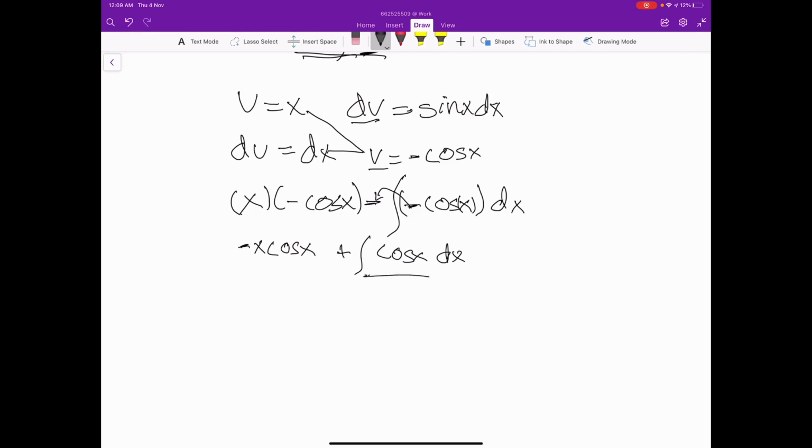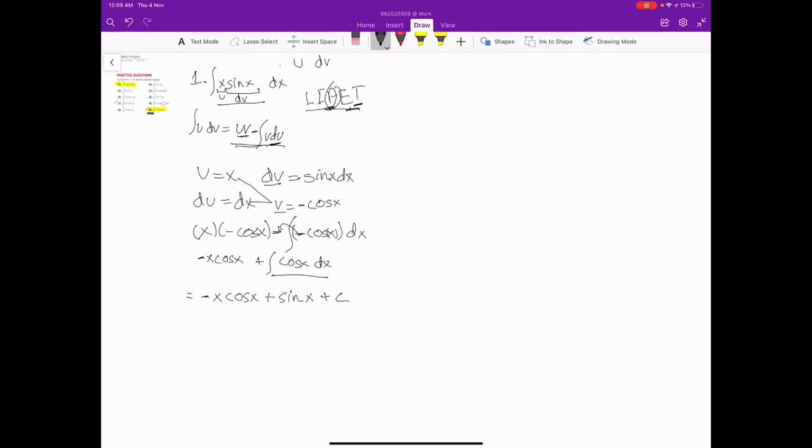Just find the integral of this: minus x cosine x, plus what's the integral of cosine x? It is sine x. It is an indefinite integral, so we must put the plus c. Never forget the plus c.